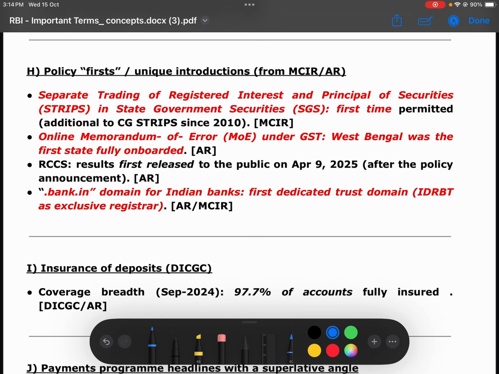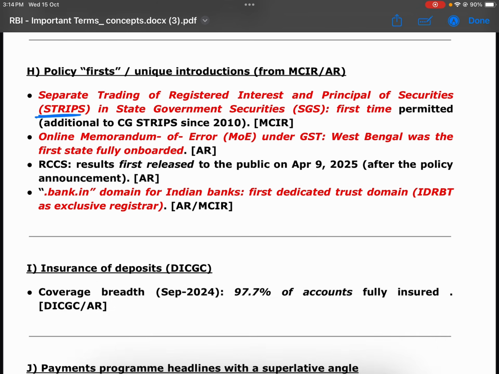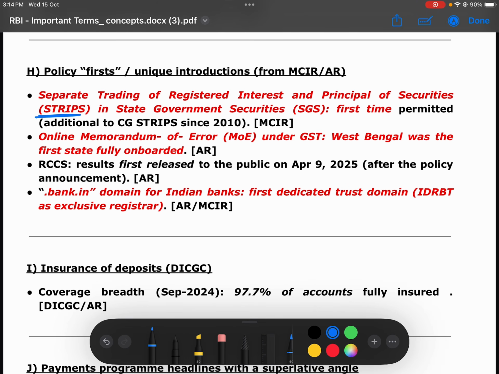Now there is a concept of STRIPS. What is this concept? STRIPS is the full form of Separate Trading of Registered Interest and Principal of Securities. Actually, it is a coupon bearing bond. A coupon bearing bond is stripped into zero coupon pieces.